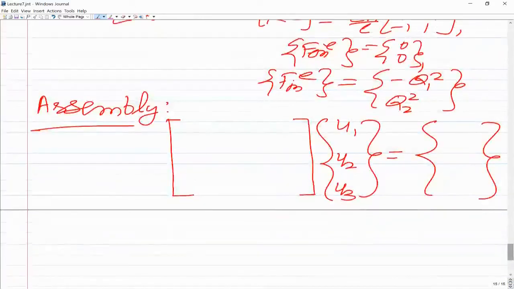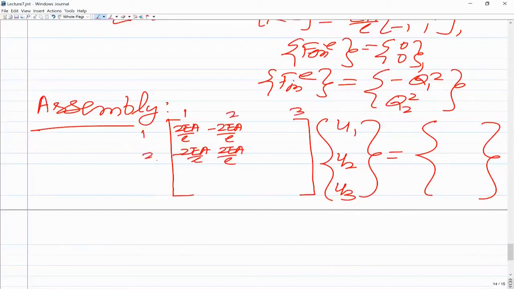So as you know, the same concept which we have used earlier applies. The first element contribution will go to the first and second rows and columns. So the first one will be 2EA by L, minus 2EA by L, minus 2EA by L and 2EA by L. This is the contribution to the stiffness from the first element, going into the first two rows and columns of the global stiffness matrix.